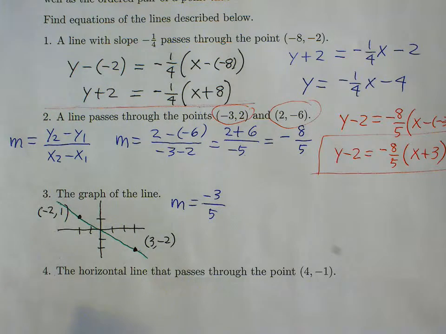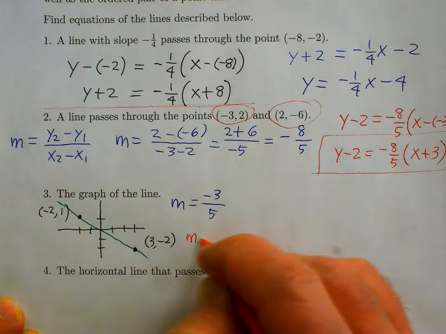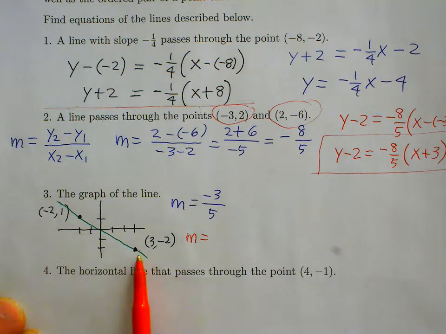You can verify that I did that correctly by using the slope formula and the 2 points whose ordered pairs are given. So yeah, that works out. I'll just below here, I'll just use the slope formula and the ordered pairs -2, 1 and 3, -2.